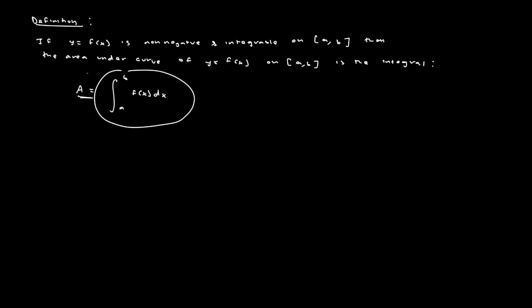And when we say area, it's the signed area, where if we have parts of the curve that are below the x-axis and parts of the curve above the x-axis, the part below will be treated as negative area and the part above will be positive area. We're not treating it as magnitude per se, it's signed. So we have finally defined the integral as finding the area under the curve. With that in mind, let us solve our second example.